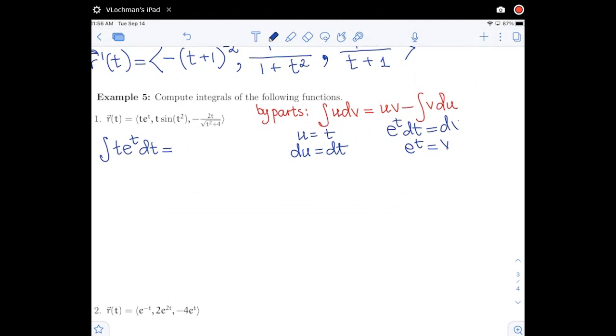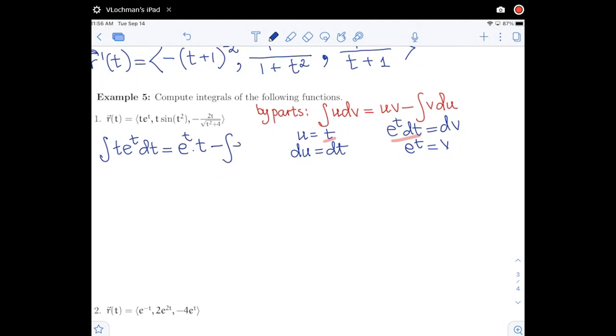So now I'm ready to plug this in. t e to the t dt. Let me check, did I take care of all of my components? t, yes, and e to the t dt, that's my dv. So that means I have u times v, which is e to the t times t, minus the integral of v du.